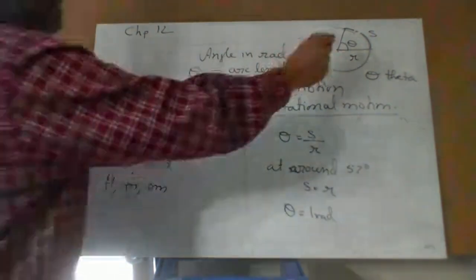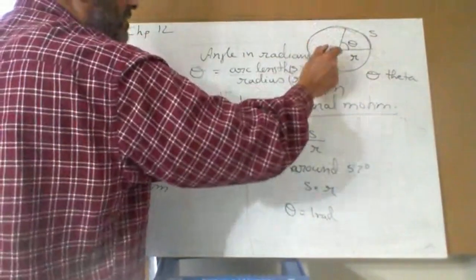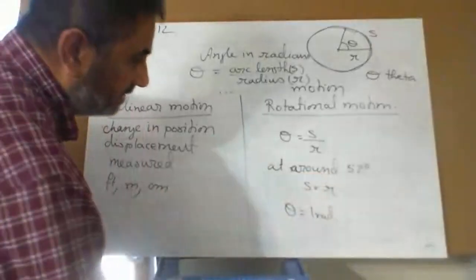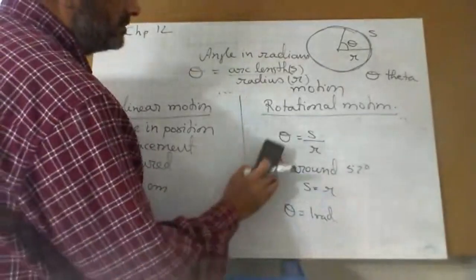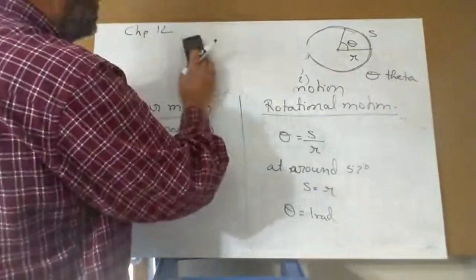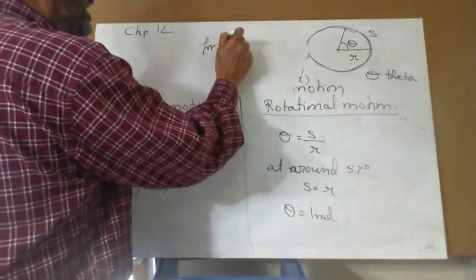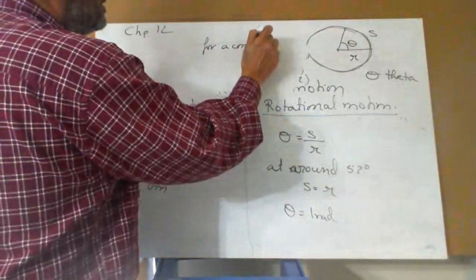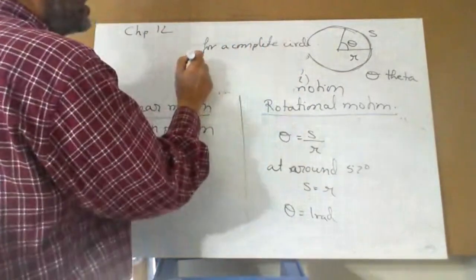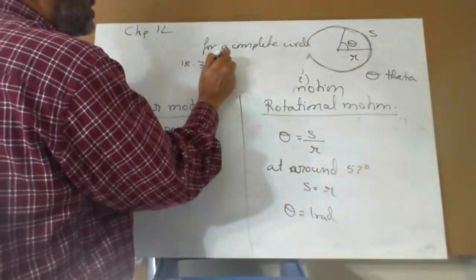What is the angle for a complete circle? Suppose you go completely around, right? For a complete circle, that is 360 degrees.